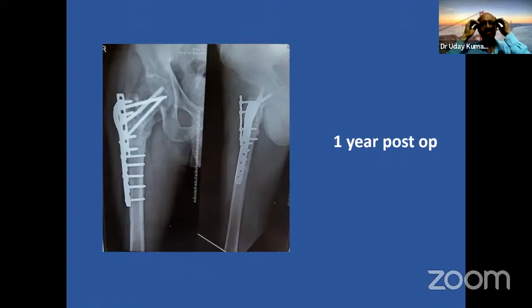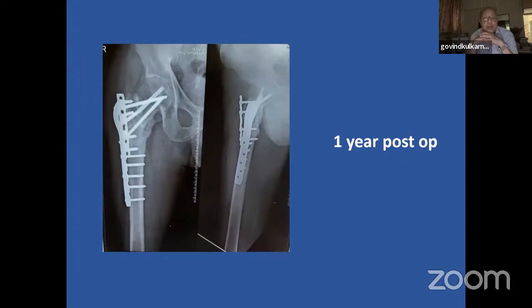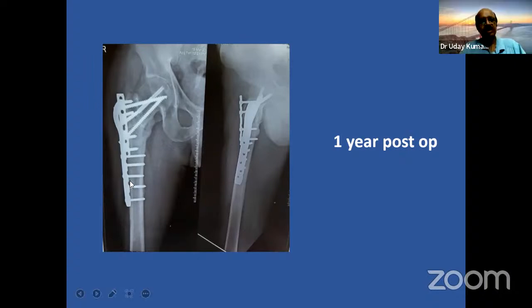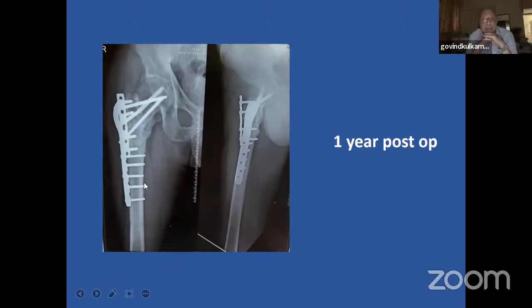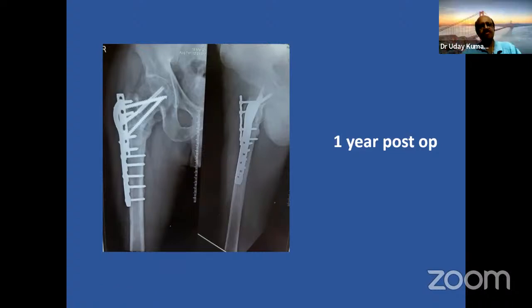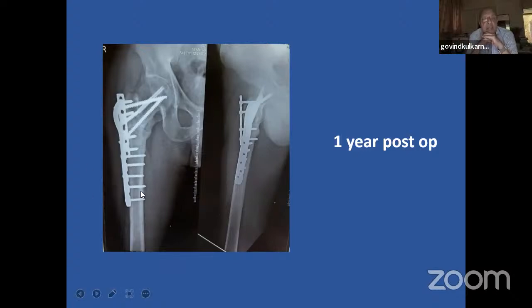Your opinion, sir, Dr. Kulkarni? Do you need so many screws below? I don't think so. In the recent cases, this was done initially, but now we have much reduced the number of screws. Yes, because as you said, it will become stiffer and the chances of breaking are higher. We have reduced it, sir, and use of a little longer plate is also now adopted.